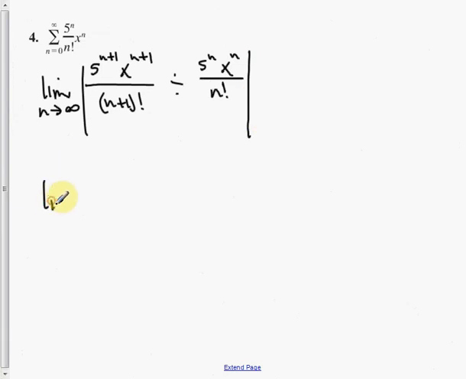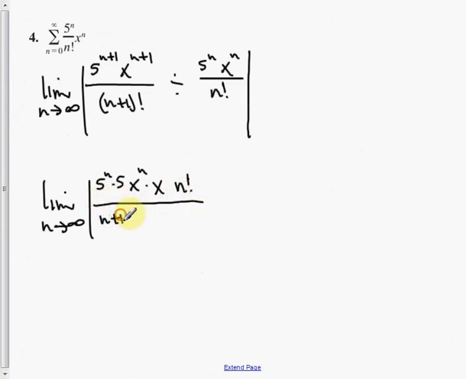So this is the limit as n goes to infinity of the absolute value of 5 to the n times 5 times x to the n times x. Now when I do the division, the n factorial goes upstairs, divided by n plus 1 factorial. And then what comes downstairs would be 5 to the n and then x to the n.